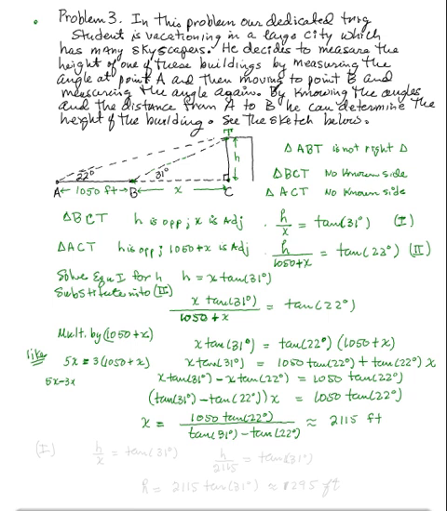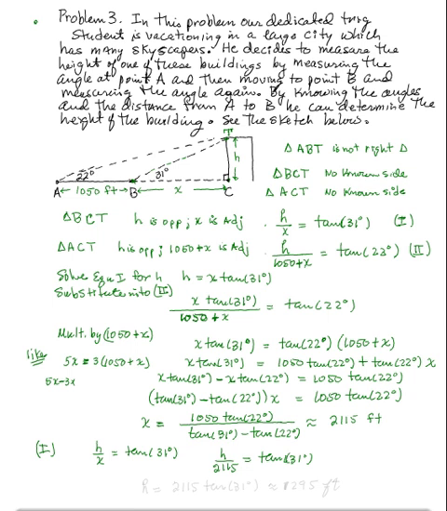Now, once we have x, that's really not what we wanted. In fact, we didn't even care about x in the statement of the problem. We just wanted h. But if we go back to equation 1, we can solve for h, because h over x is equal to the tangent of 31 degrees. That's equation 1 again. And now we can put in what we now know x is. So h over 2,115 is equal to the tangent of 31 degrees.